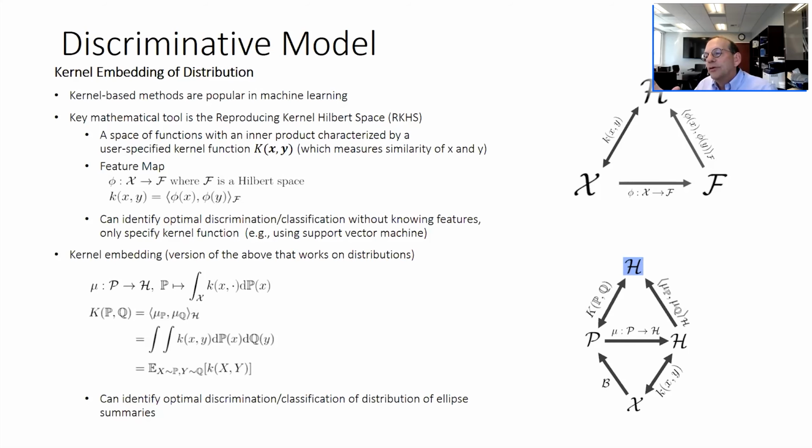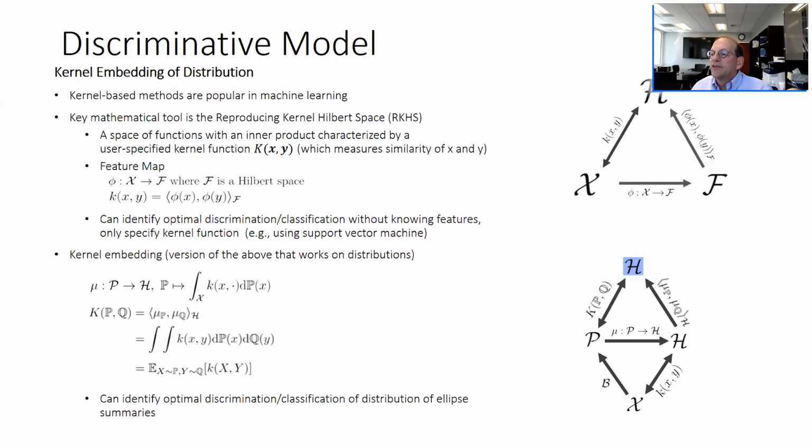The top picture is really a traditional classification problem representation that says, in a special mathematical setting, if I give you a kernel function, you can identify the features that will optimally do the classification. Our problem is a little more complicated because we just don't have an X and a Y. We have a distribution, right?